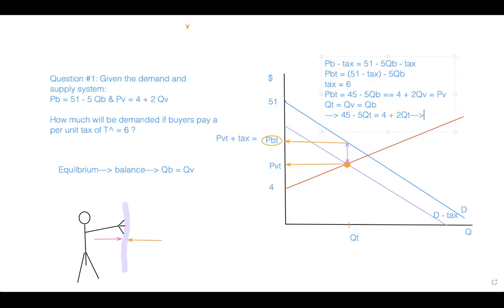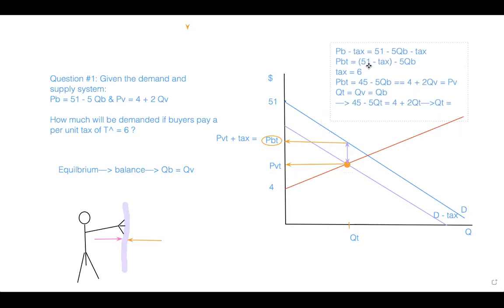And this is what you got, which was QT is equal to, and let me move this around a little bit, it's going to be equal to 45 minus 4 divided by 7. Right? Do you agree? Is that what you got on your calculator?